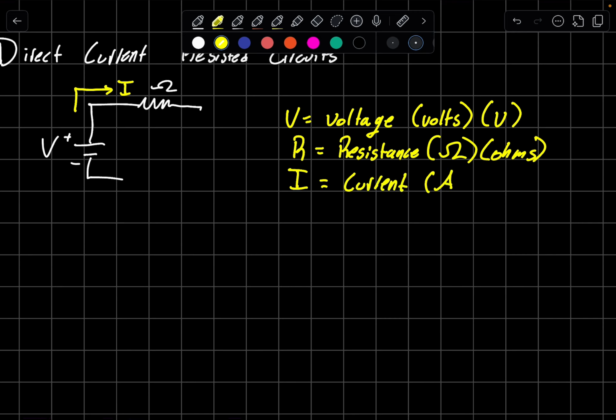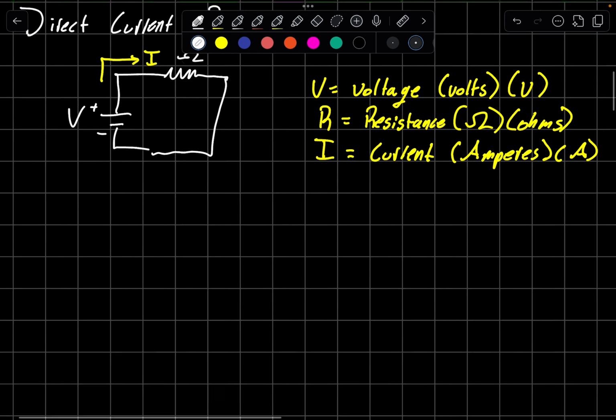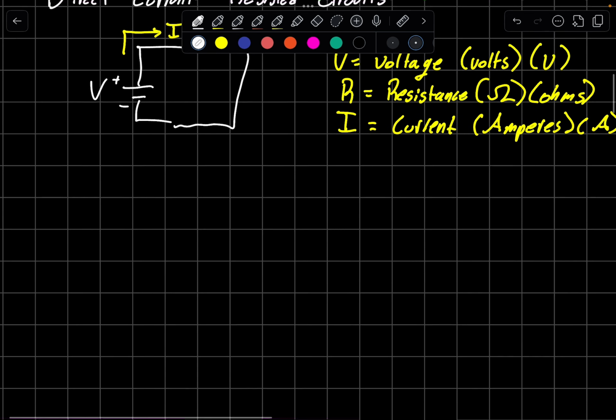Okay, so those are the basic things that we're going to talk about. And they're all related to each other through Ohm's law. Check it out. Ohm's law says that voltage is equal to current times the resistance.